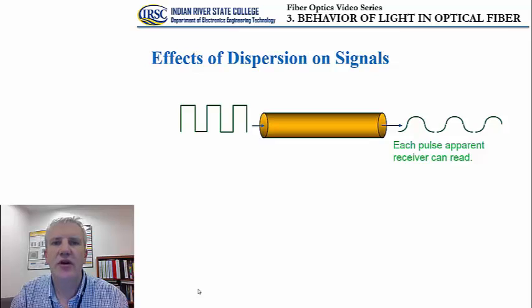Okay, let's now summarize the effects of dispersion on the signals that are being transmitted along the optical fiber. So in this specific case shown on this slide, the dispersion is reduced to an acceptable level.